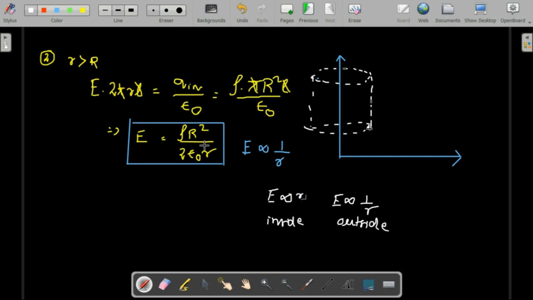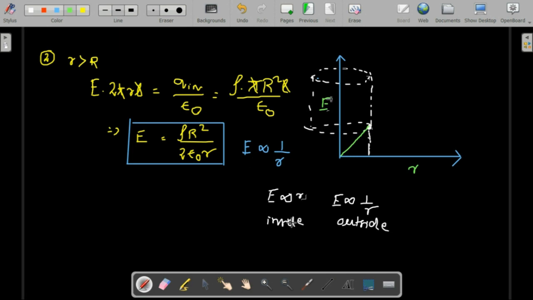If you look at the border, this R square and this will become equal. That will be the maximum field that we know. So let's just do the bordering here and draw the graph. Inside E is proportional to R, that means it is directly proportional. This side we have E and this side we have R. Inside it will be like this.